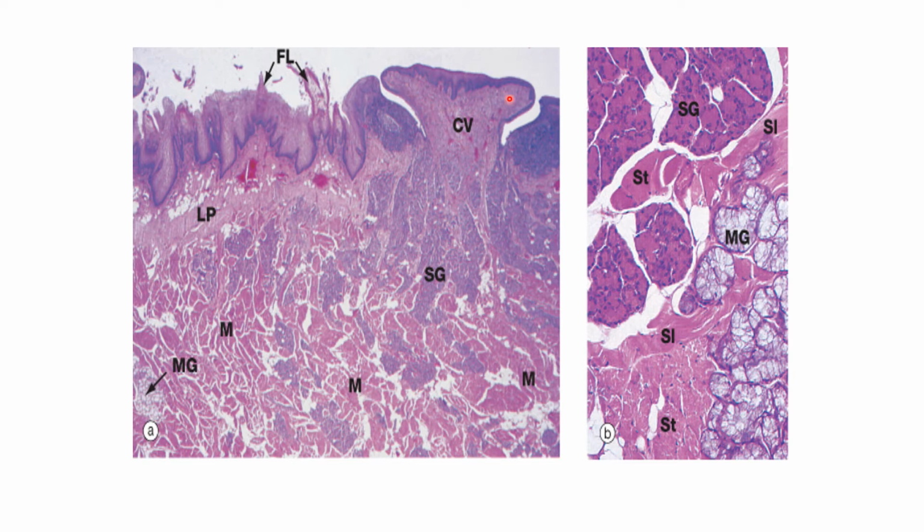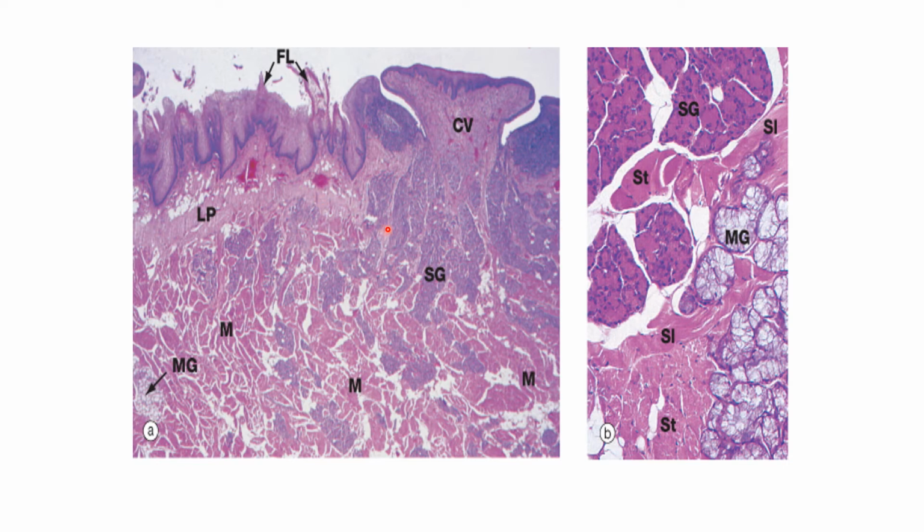This is the connective tissue, and you can see the cleft clearly now. And this is the filiform papilla. These are the muscle fibers, and LP is the lamina propria, which is extending into the papilla. We're all talking about the dorsal aspect of the tongue, which has a rough surface made by the presence of these papilla.